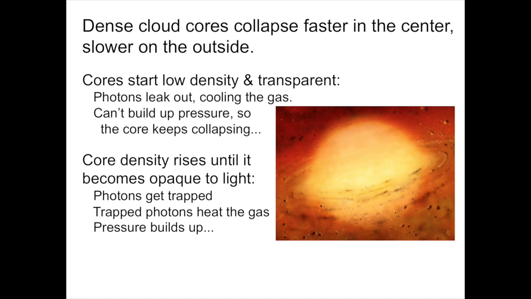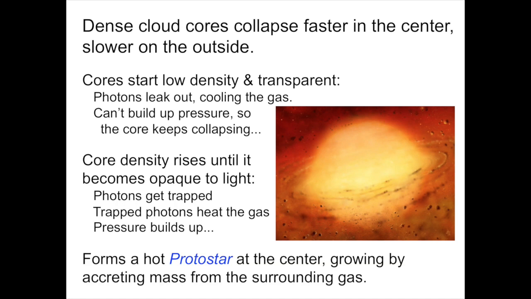Now the photons that used to just leak out and carry energy away get trapped inside the core. As they're trapped, those photons now go into heating the gas. As they heat the gas, the pressure begins to build up faster and faster. In other words, now the collapse actually leads to an increase in pressure, and the collapse begins to slow a little bit. It reaches the point where you begin to form what we call a hot protostar at the center.